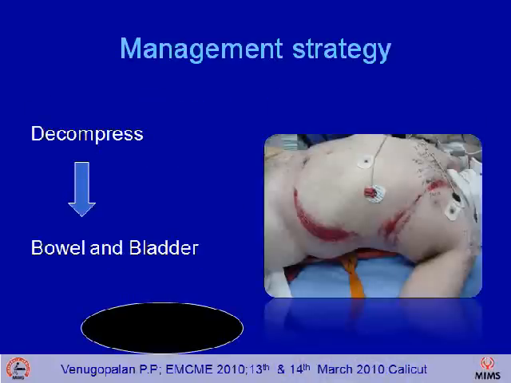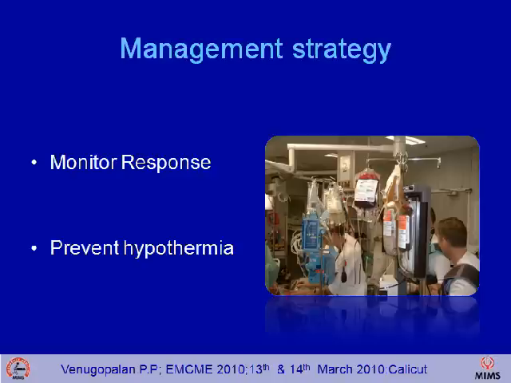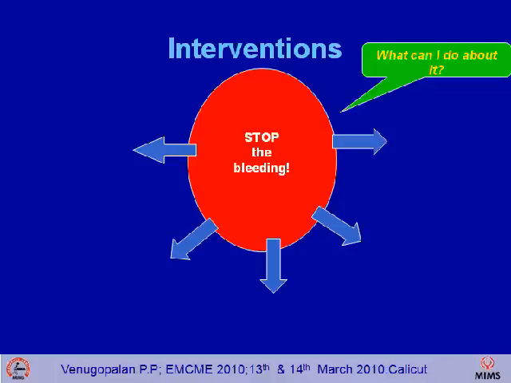Also decompress both the bowel and bladder. While decompressing the bowel and bladder, try to rule out urethral injury; do a PR and proper perineal examination. Don't forget to monitor the response to your early therapy and to prevent hypoxia.